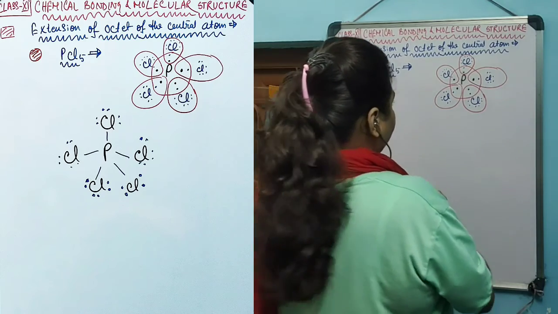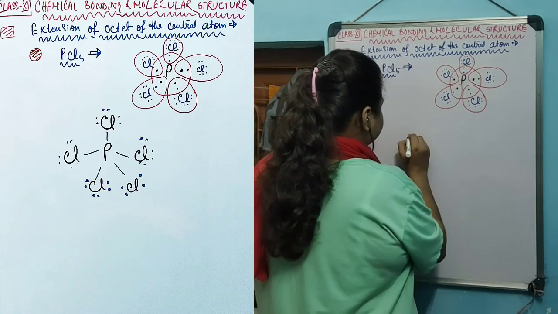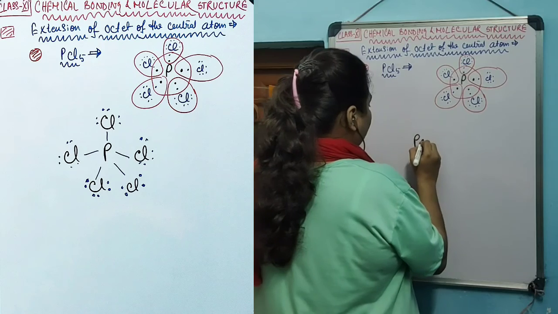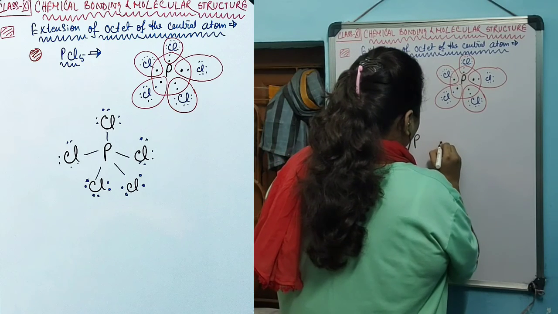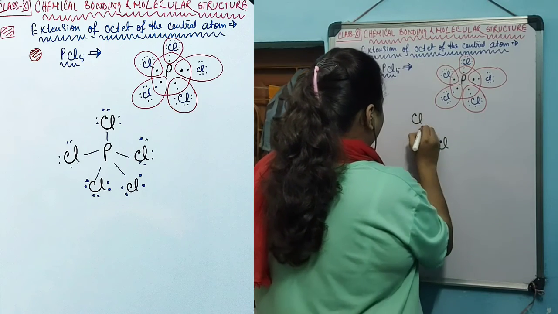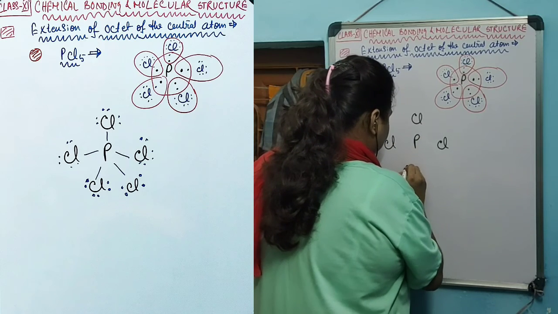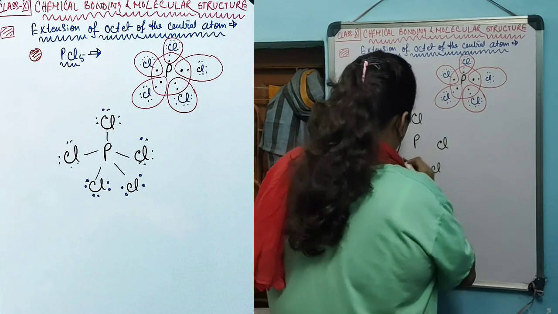This is how the phosphorus chloride PCl5 molecule forms covalent bonds with 5 chlorine atoms.